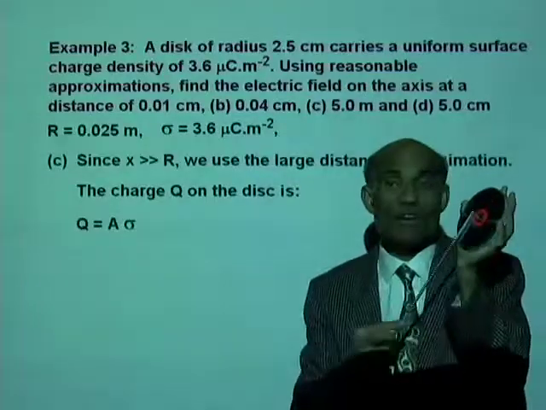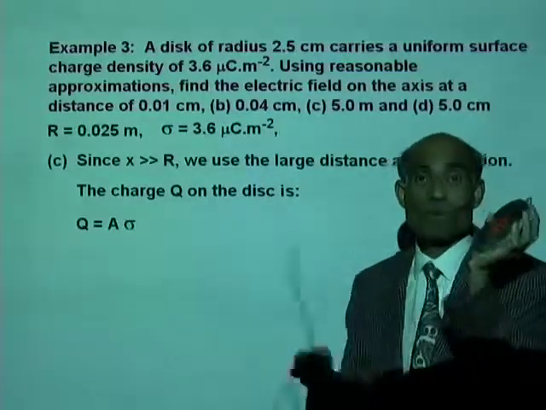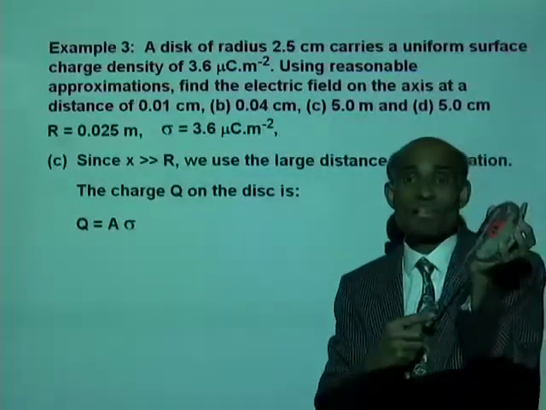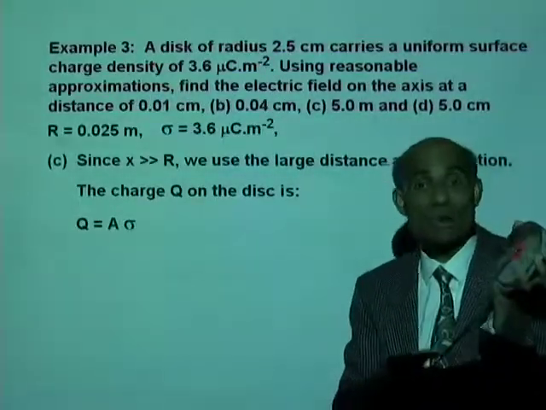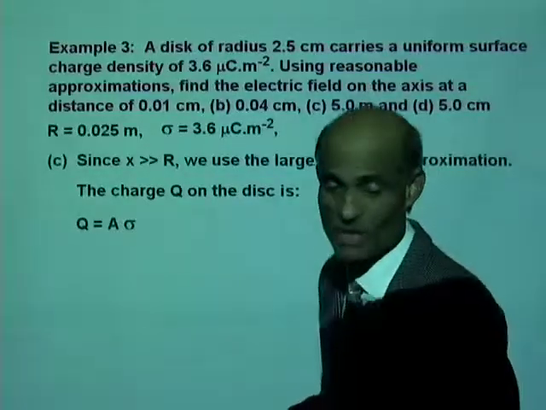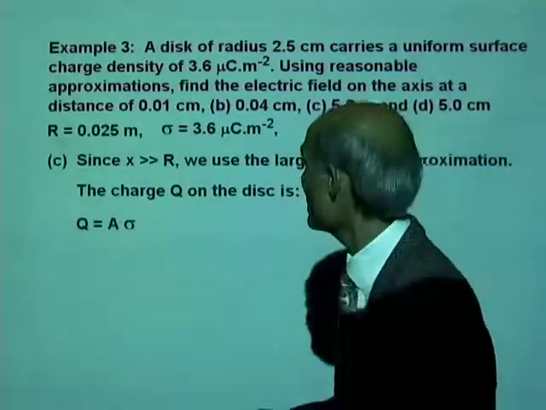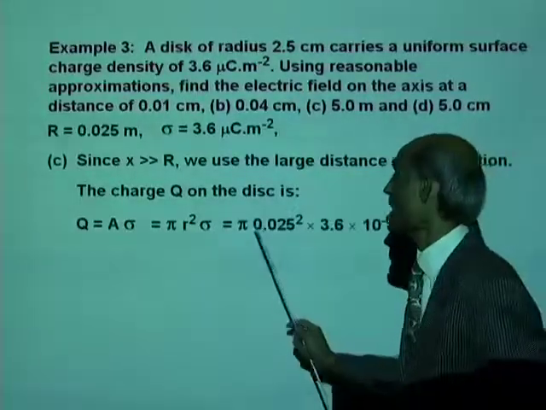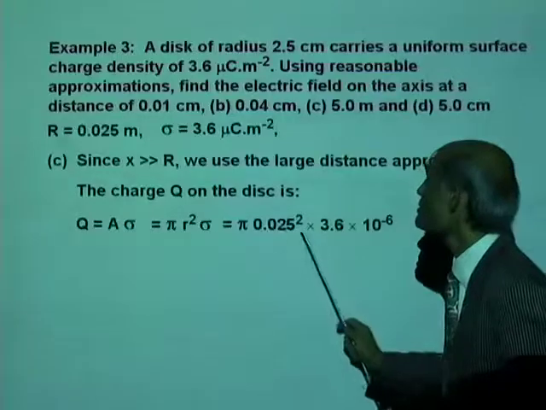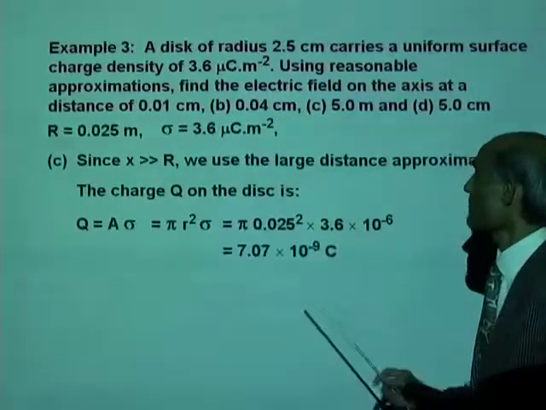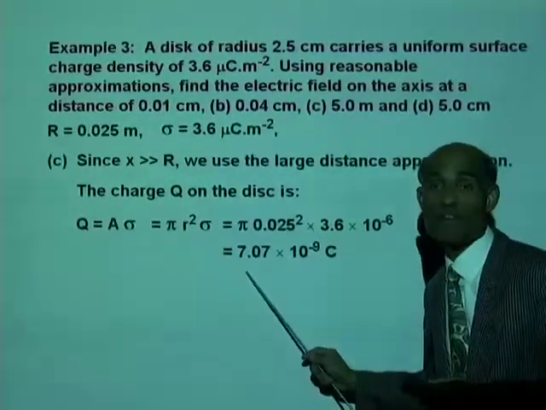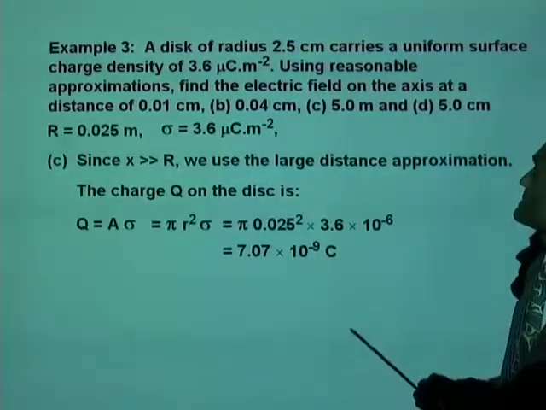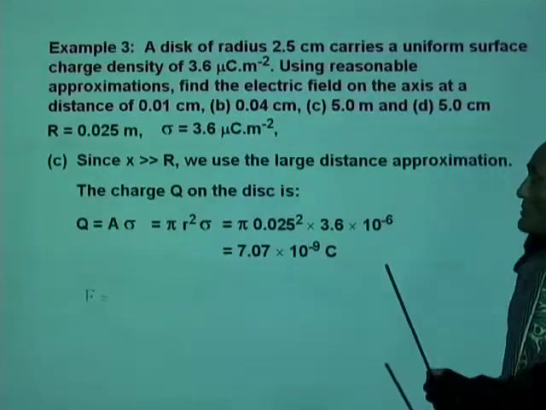Do we know the area of the disk? Well, if you know the radius, then we know its area. What is the area? Pi r squared. So Q equal to A times sigma, which is pi r squared sigma. And that will be pi times the radius squared times sigma. And the charge carried by the disk is 7.07 times 10 to the negative 9 coulombs.